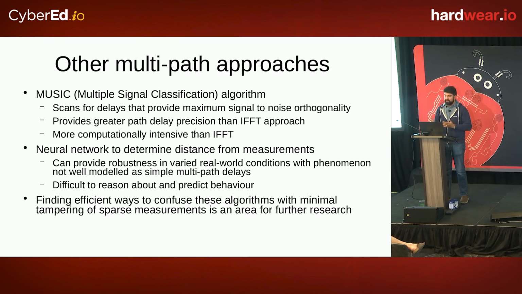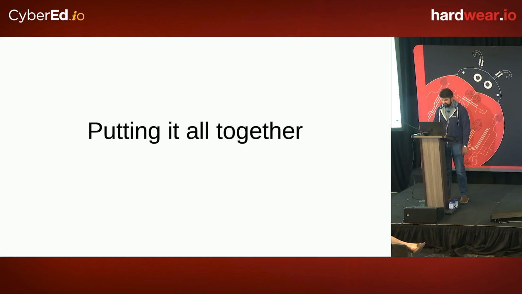And so companies have trained neural networks just on data that they've captured in a wide range of different environments, and these can be more robust against varied RF environments. But the issue with this is that it's hard to reason about how a neural network is making its decisions. And so it's a bit difficult to analyze how they would behave in an adversarial situation, and it could be an interesting area to research further.